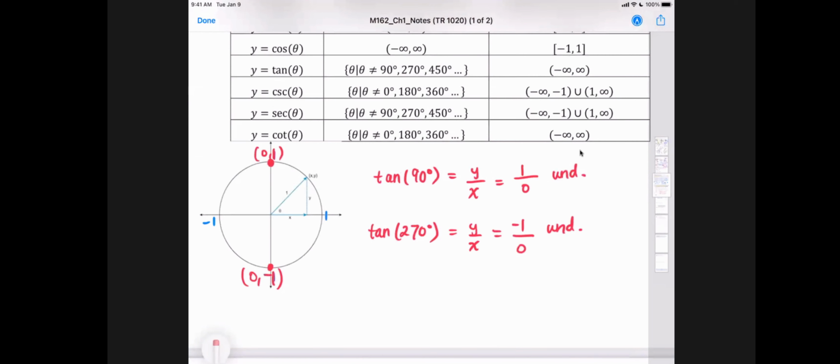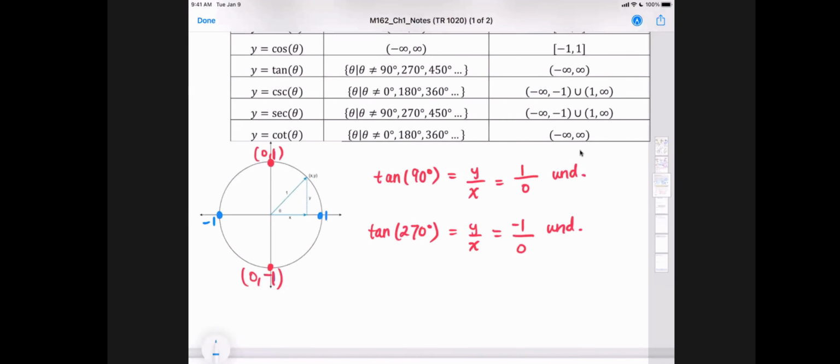And for cosecant and cotangent, those angles are undefined when you're at the (1, 0) or (-1, 0). When you end up doing the division, you have to divide by 0 and it's undefined.